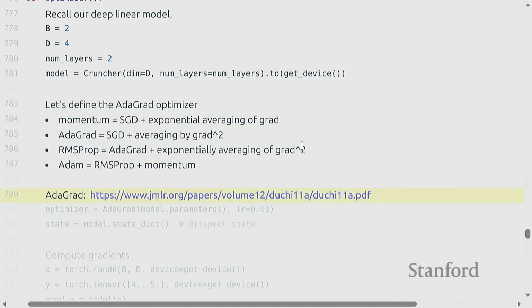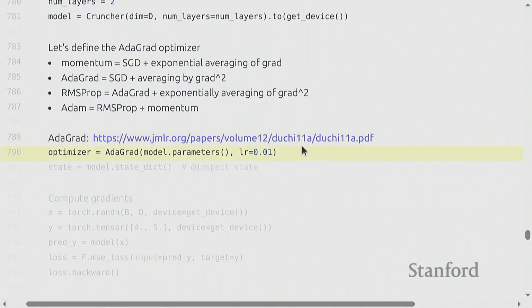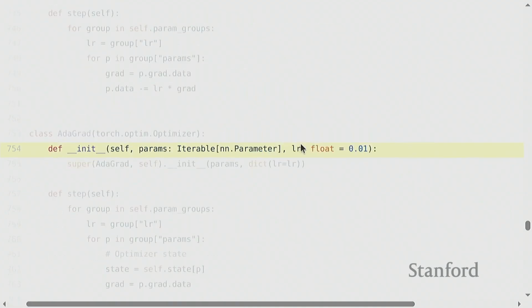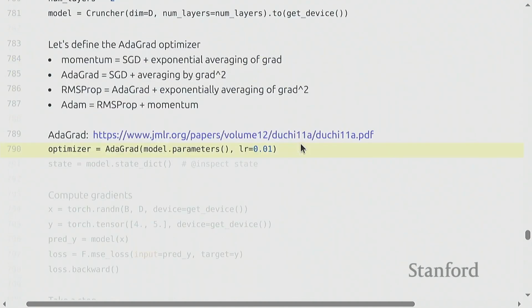Okay, since you're going to implement Adam in homework 1, I'm not going to do that. Instead, I'm going to implement Adagrad. The way you implement an optimizer in PyTorch is that you override the optimizer class.